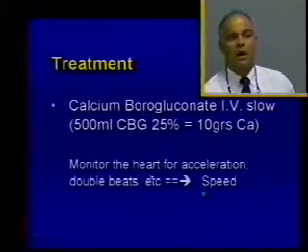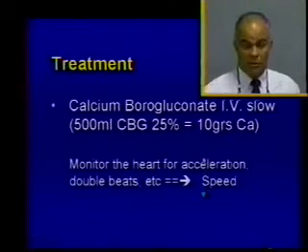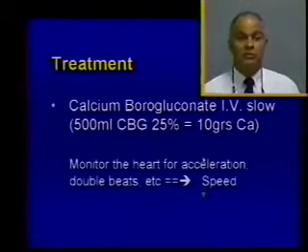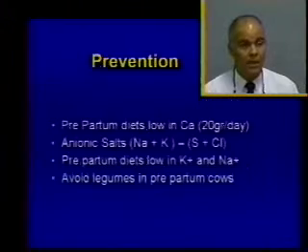We want to monitor the heart for acceleration, double beats, etc., or a decrease in the heart rate and speed. So when you give the calcium treatment, you must give it slowly and auscultate the heart as you're treating the animal.